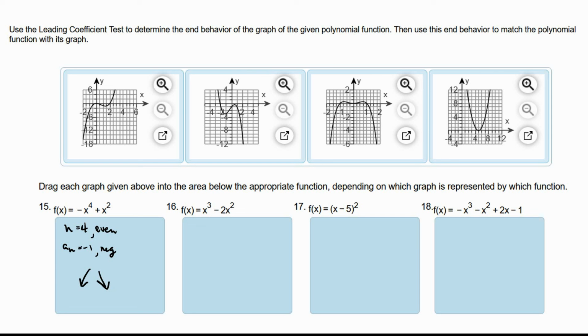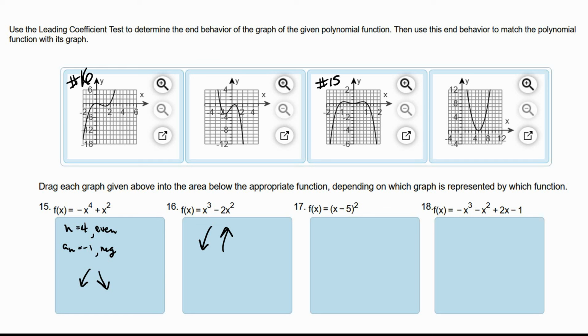So let's see if we can find a graph of the 4 that does that. Looks like this one. So I'll just say number 15. Is that what you said too? Falls to the left and falls to the right. Look at 16. Well, that's going to fall to the left and rise to the right. Say that one.